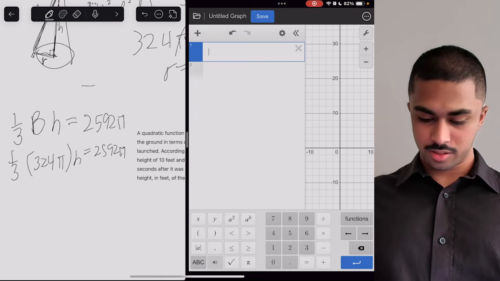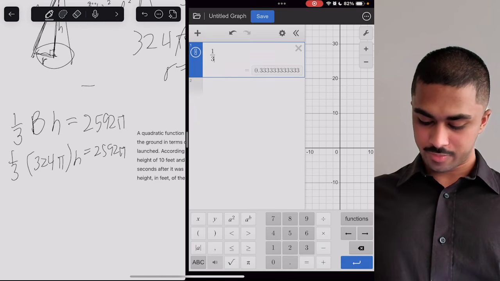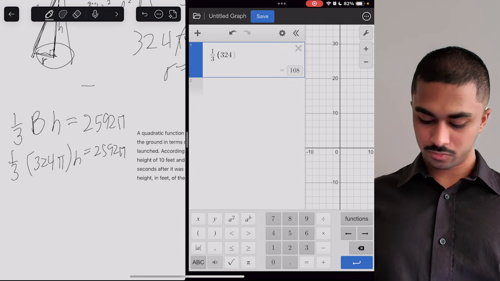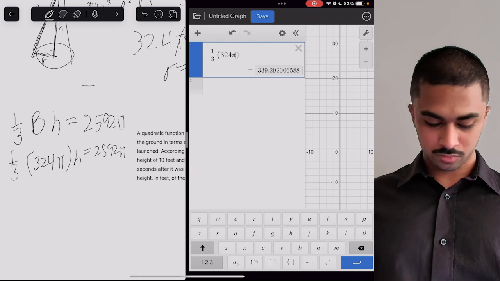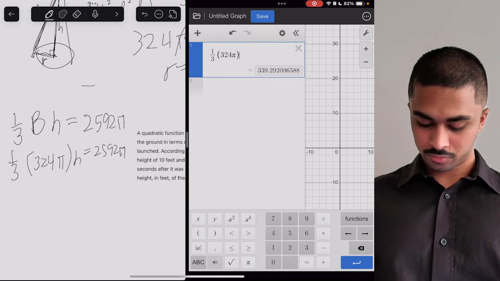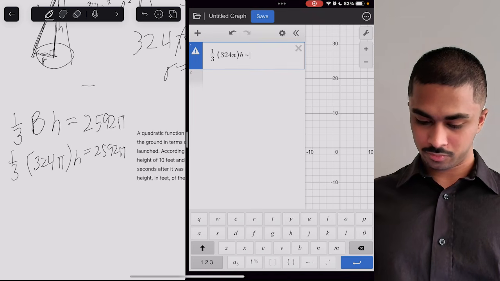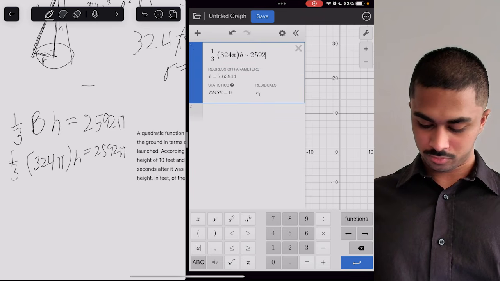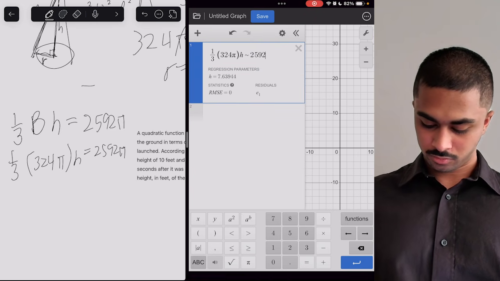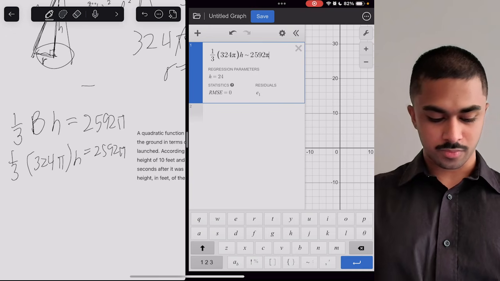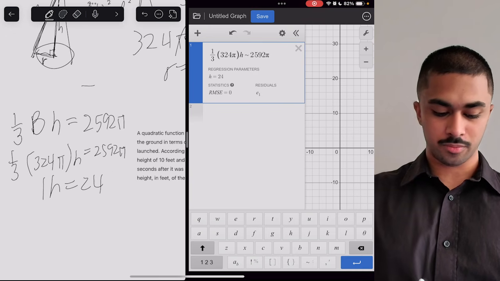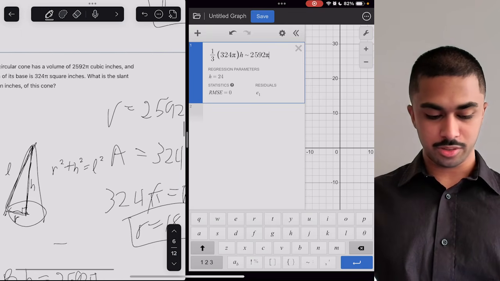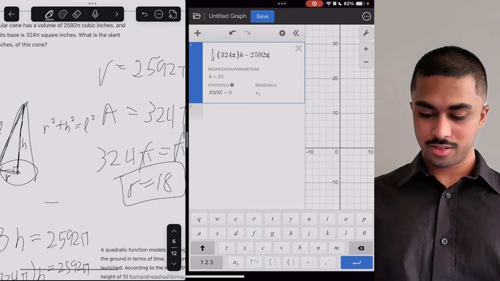And here, honestly, I would just put in this entire equation. H equals 24. Okay, so we got R equals 18, H equals 24.